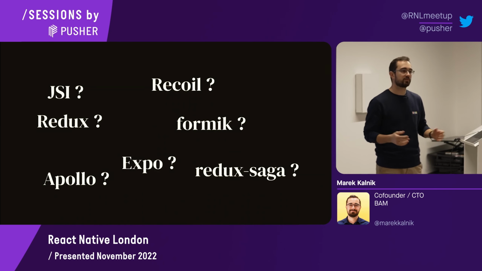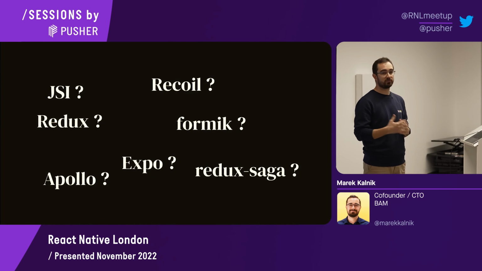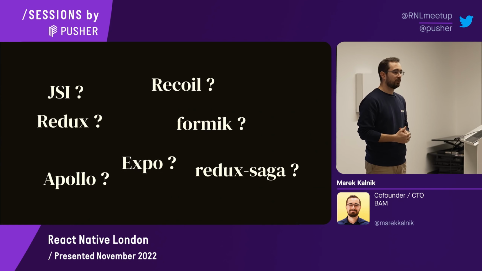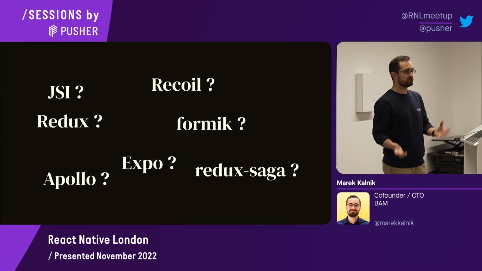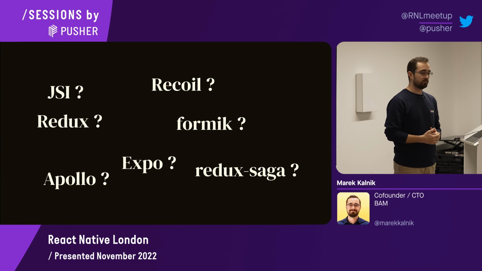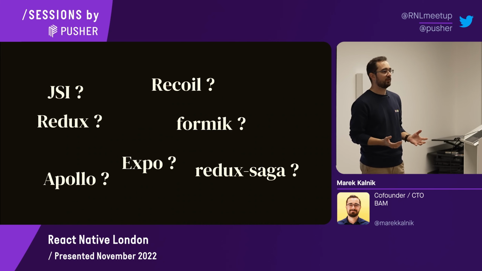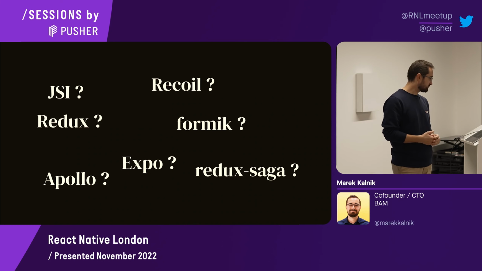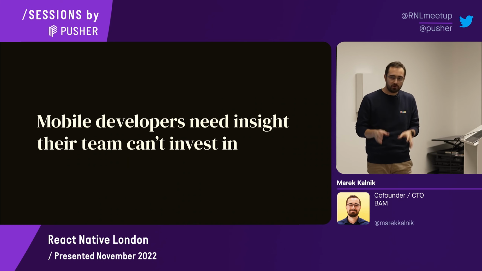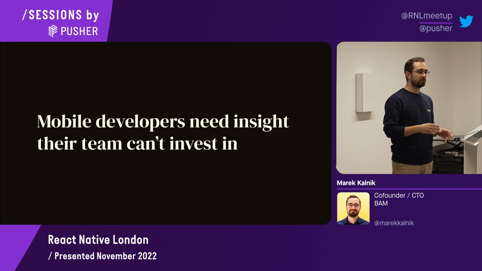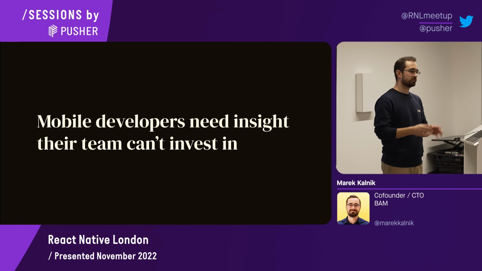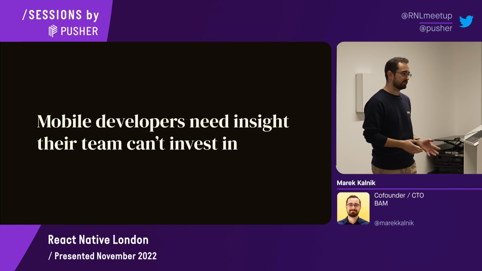So for us, in environments such as React Native, there are a lot of different choices. We love the ecosystem, it's very dynamic, you have a lot of choice, but which one do you choose? It's not really that obvious. And small teams do not have the time to research each and every technology.